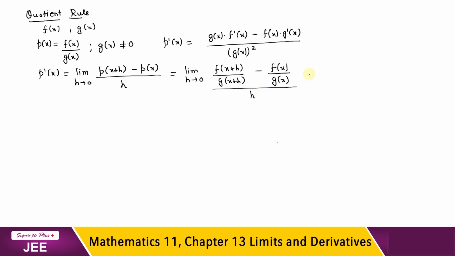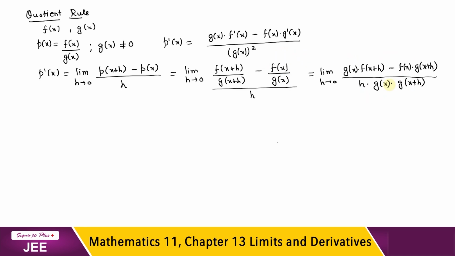Alright, so this can further be written as limit h tending to 0, g of x into f of x plus h minus f of x into g of x plus h whole divided by h into g of x into g of x plus h. Upon taking LCM in the numerator, we can convert it into this form.